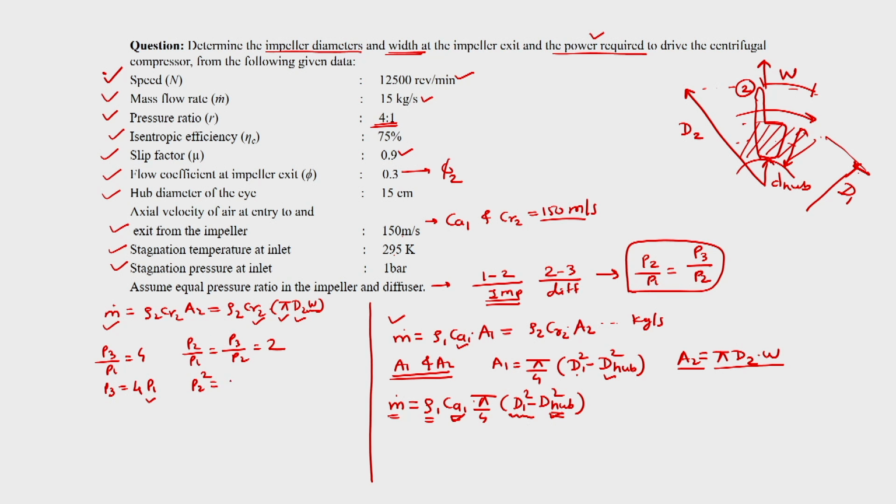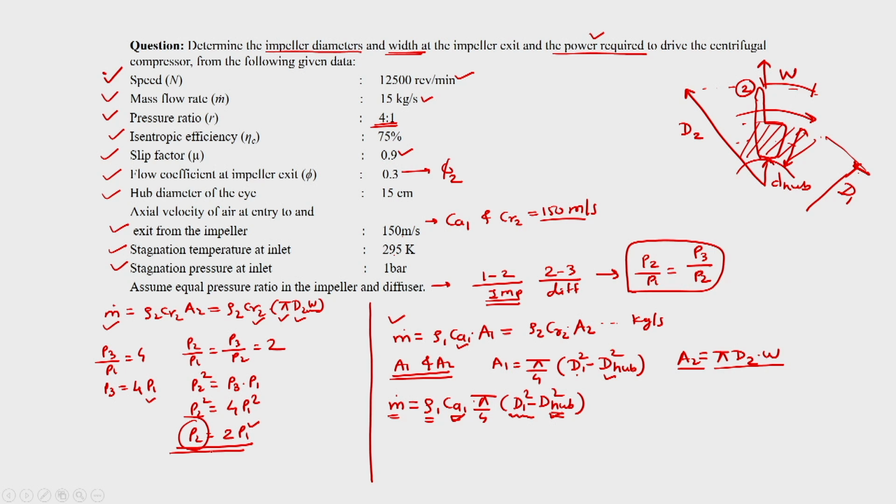P2 square is equal to P3 into P1, but P3 is equal to 4P1, so P2 square is equal to 4P1 square. So P2 is equal to twice P1. Anyway, this was known to us. We know P1, which is static pressure. Knowing the static pressure, we can find out P2, which is the static pressure at the exit of the impeller.